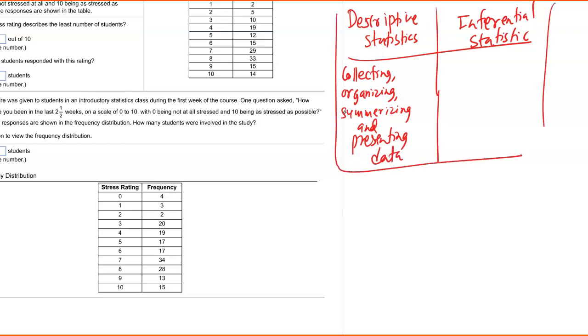And what inferential statistics does is make a generalization and draw conclusions from the data.